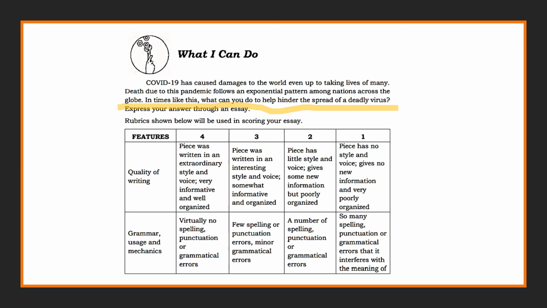Nasa pandemic tayo ngayon, so naka-exponential pattern siya. Palaki ng palaki, di ba? Parang pataas ng pataas. So 5 to 10 sentences will be enough. Okay, so that's it.